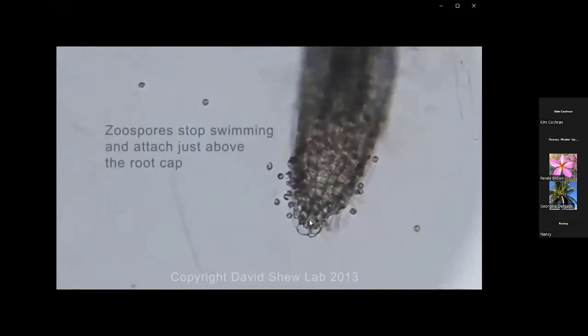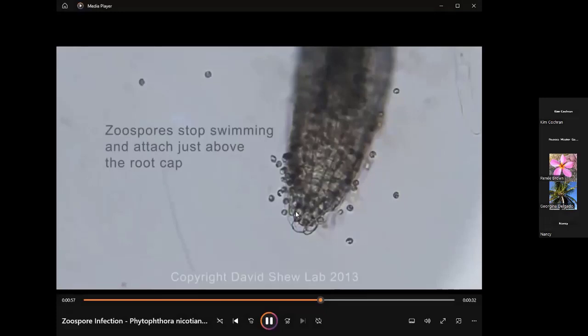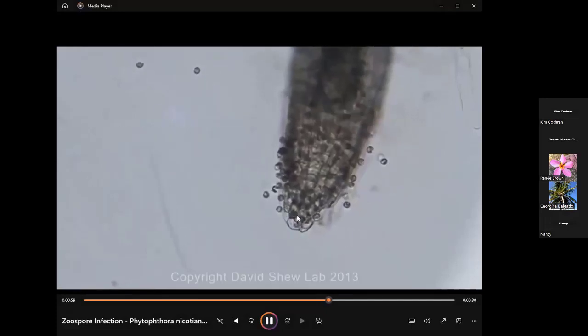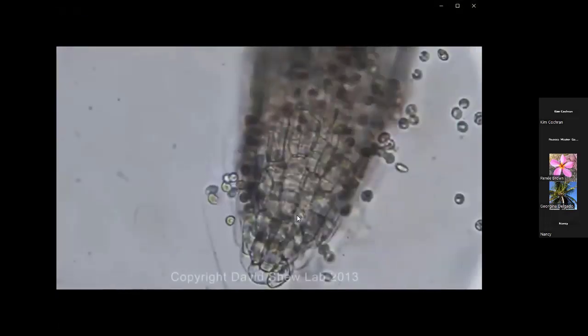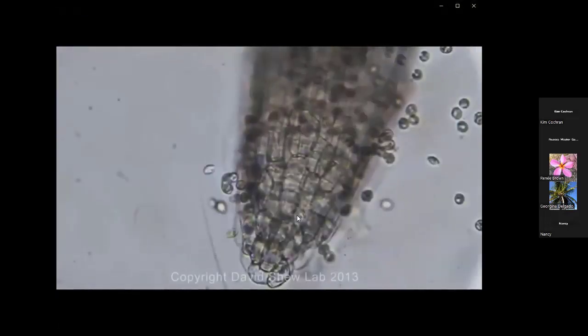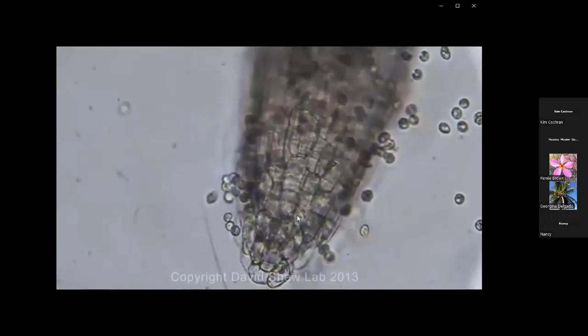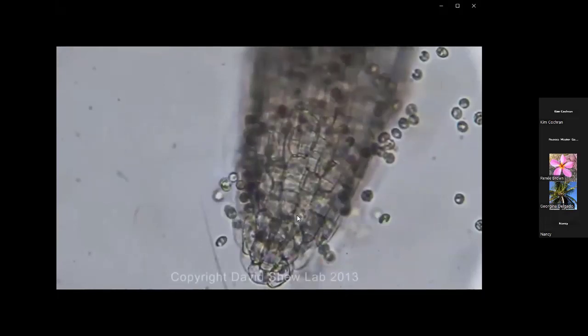And once they get there, they actually will shift gears dramatically, and they will encyst, not insist like put your foot down, but encyst, like encapsulate. And then they have some pretty big metabolic changes, and they will actually put out a little germination tube or hyphae, and that will penetrate the plant and then start the infection process within the plant.